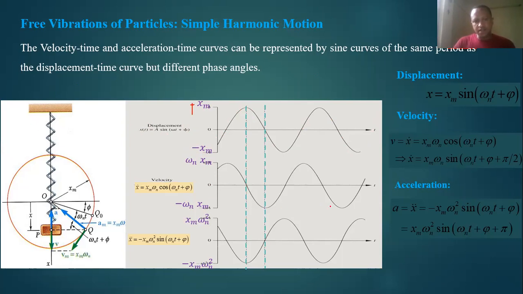In the case of velocity, that is the first derivative of x, so we have x omega n as the maximum term, which indicates the maximum amplitude. And then for the acceleration, x m omega n square. So this is displacement, velocity, acceleration, and these are the equations.